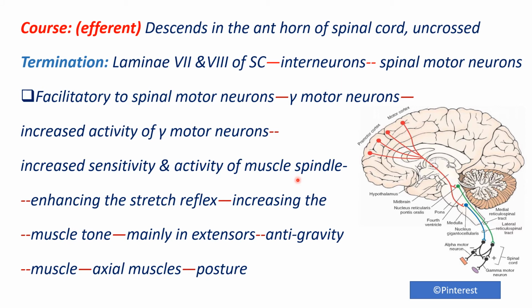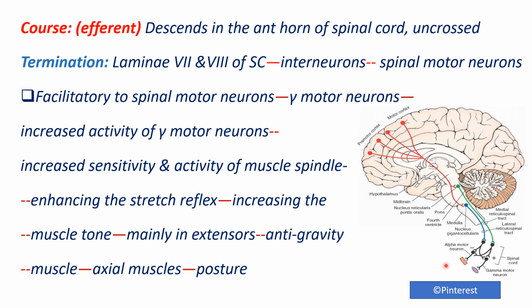When the activity of the muscle spindle is increased, it leads to an enhanced stretch reflex, which increases the tone of the muscles. This pontine reticulospinal tract mainly increases the tone in the extensor muscles, the anti-gravity muscles, and the axial muscles to maintain posture.